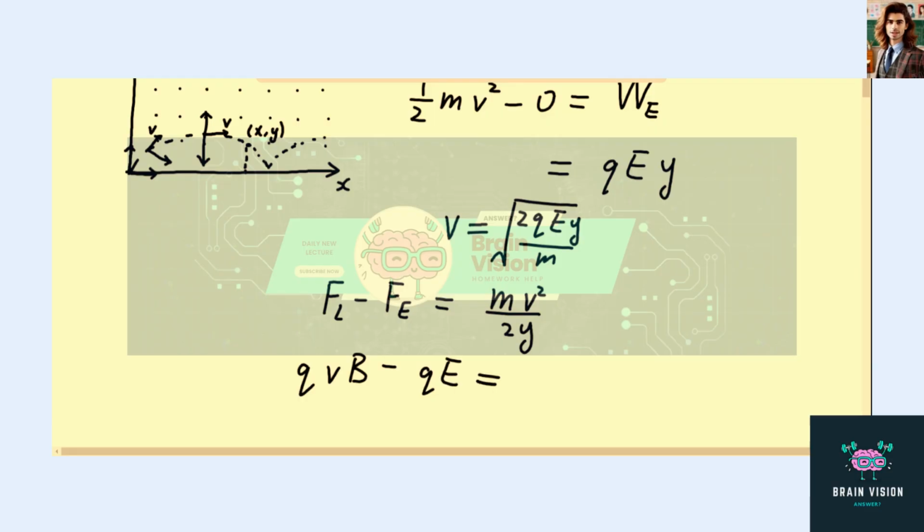And for the right-hand side, we can re-express this using the result we got from part B. So mv squared over 2y is simply m over 2y times 2QEy over m, so the right-hand side is simply QE.